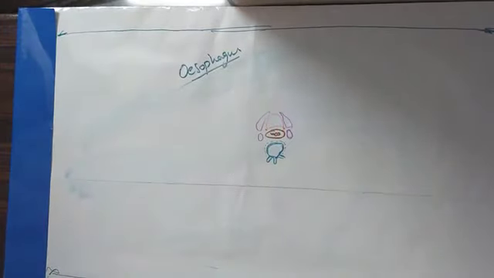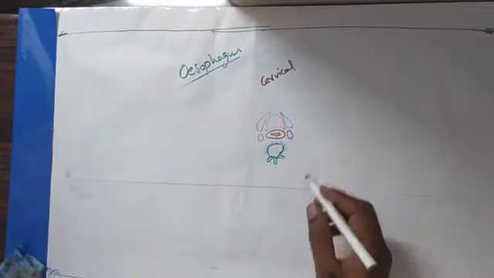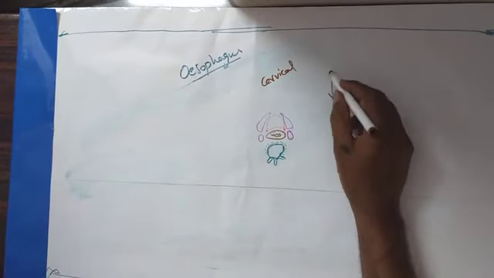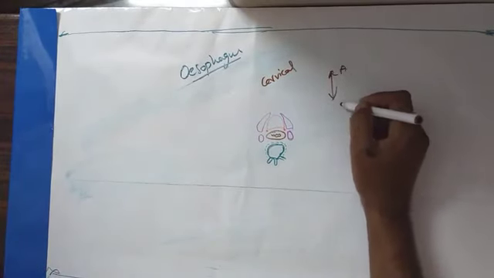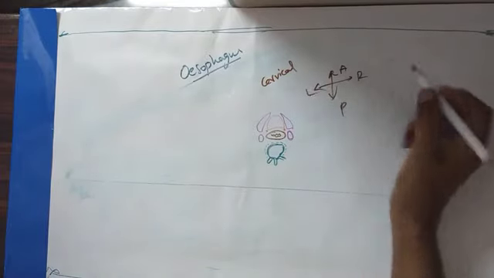So what are these relations? So this is relations of the esophagus in the cervical region. So this is in the neck, or you can say cervical. So what are the relations? Anterior part, posterior part, this will be our right side and the left side.